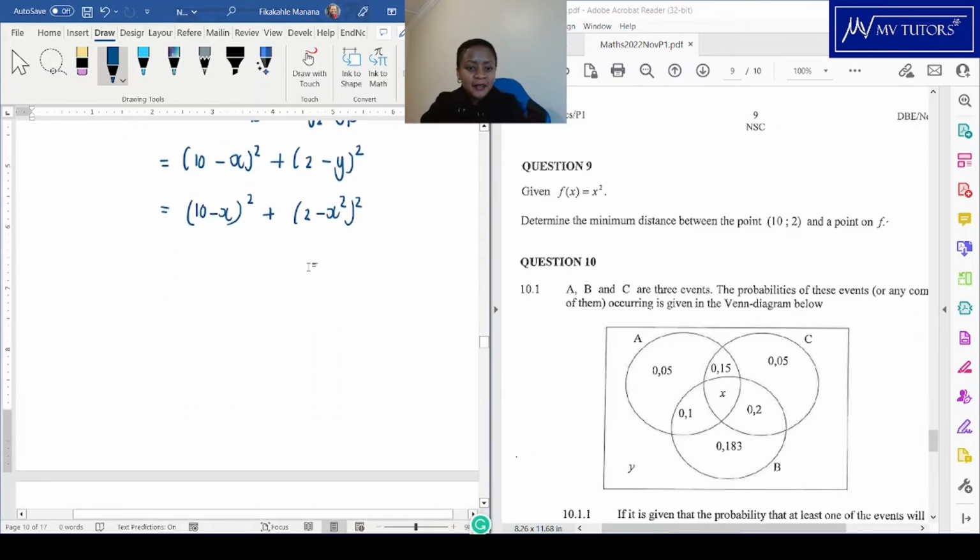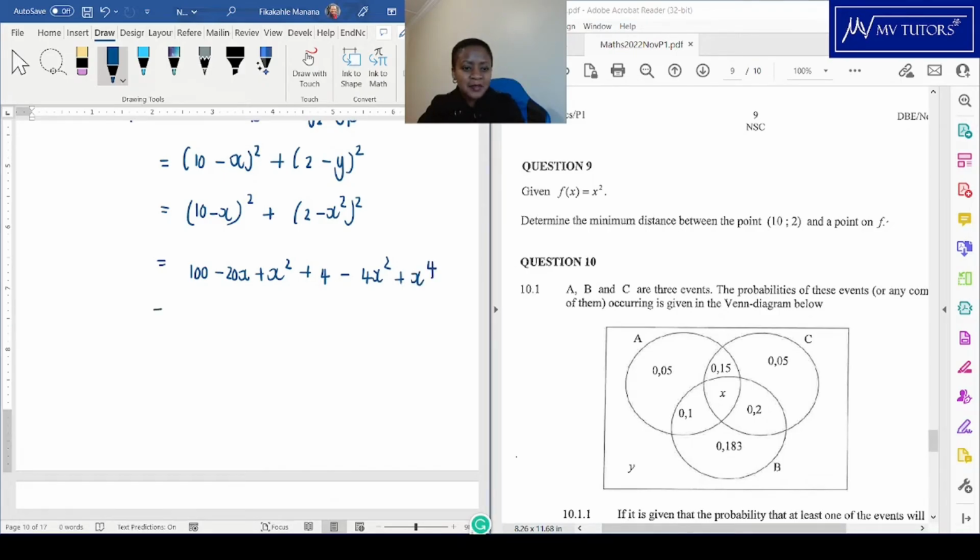So if I were to take out the brackets, what do I have? I have 100 minus 20x plus x squared plus 4 minus 4x squared plus x to the power 4.